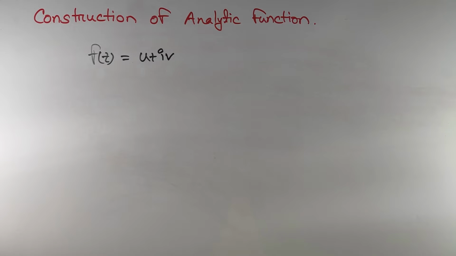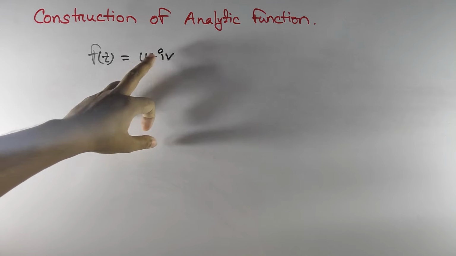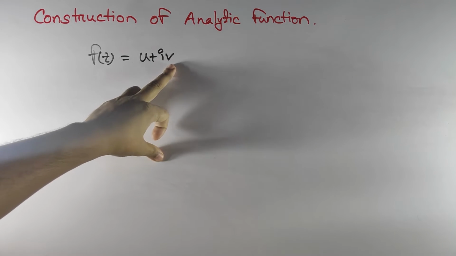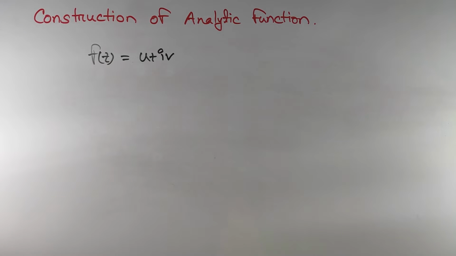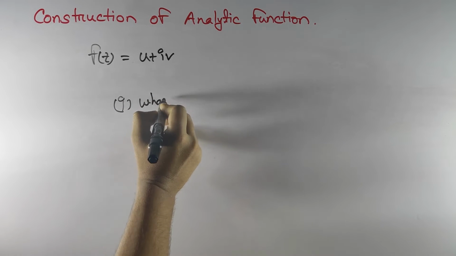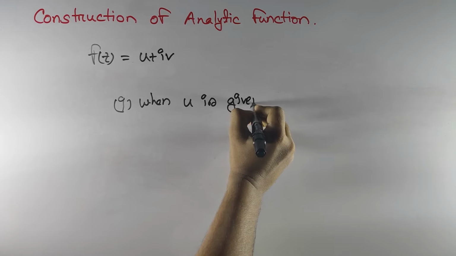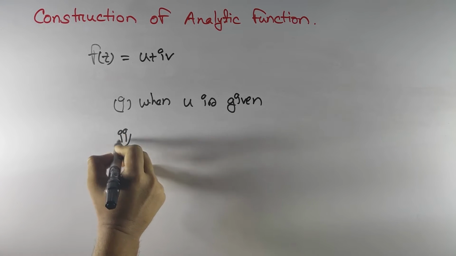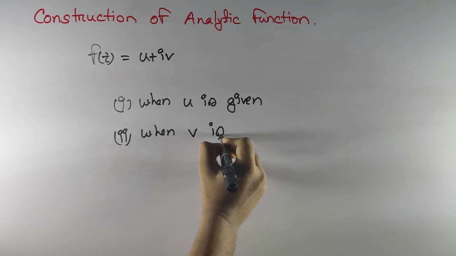So these kinds of questions come in two ways. One is when u is given and we need to find v, and when v is given we need to find u. One, when u is given. Two, when v is given.